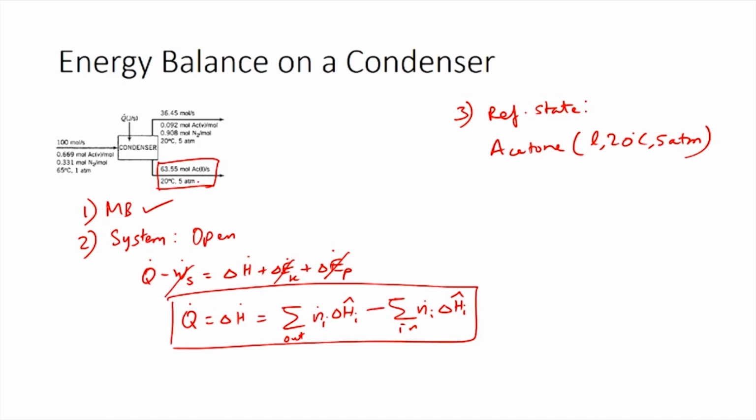The other reference state I would have to choose is for nitrogen. For nitrogen there are some tables which are available. So, in Felder-Rousseau there is a table in appendix B which gives values for enthalpy changes with respect to a particular reference state. Keeping that in mind, I have used the reference state that has been used in the table given in Felder-Rousseau.